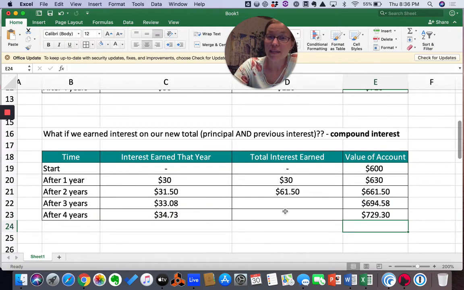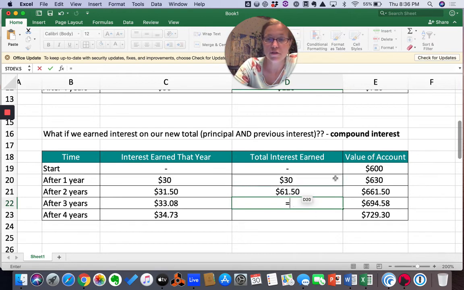And if we want to fill in this column, the total interest earned doesn't include the principal, it's just money that we've earned. So it's the previous amount of interest plus the new amount of interest.